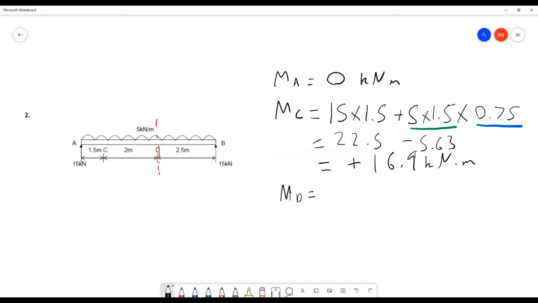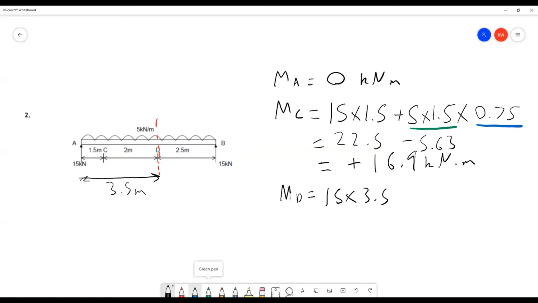As before, the force at A, the 15 kilonewton force, is still acting clockwise relative to D, so it's 15 multiplied, and now A is a distance of 1.5 plus 2, 3.5 meters away from D, so this distance along here, 3.5 meters. Multiply that by 3.5.